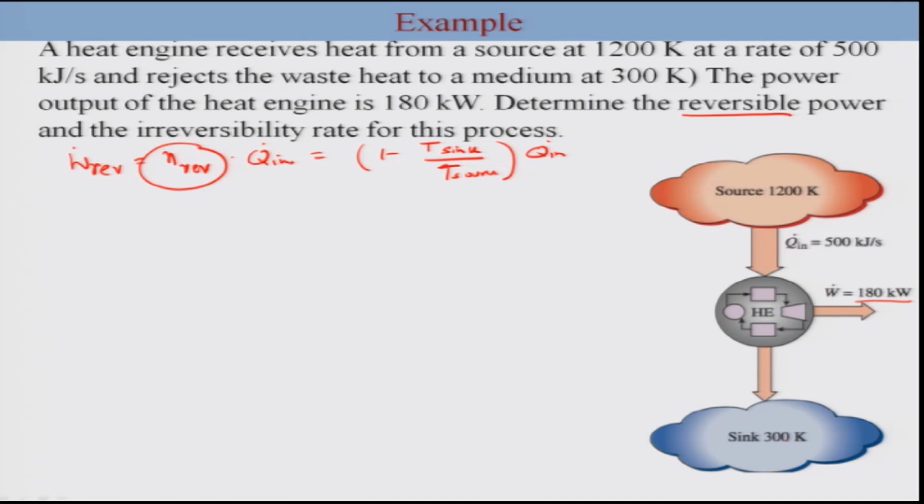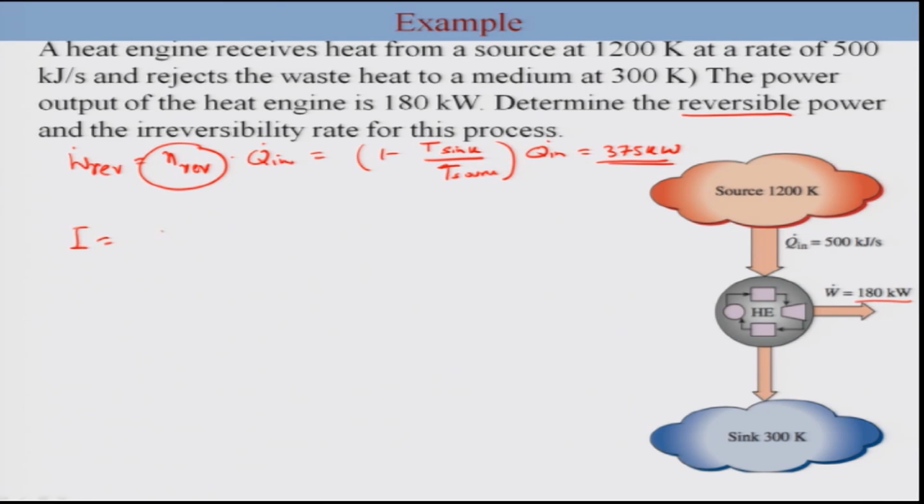T sink is 300, T source is 1200, Q in is 500. This turns out to be 375 kilowatt. So, this is nothing but the maximum power that can be produced by the heat engine, that is, this is the available power for the condition of sink at 300 Kelvin.